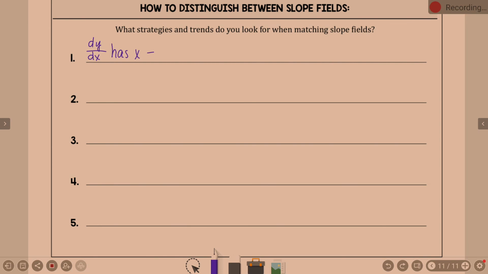Well, if it has x only and there's no y values, the y values aren't affecting it, right? Dy/dx has x. Okay, I have written down slope changes from left to right only, as in the verticals are consistent. You can write what you want. I'm going to actually write both, I think.